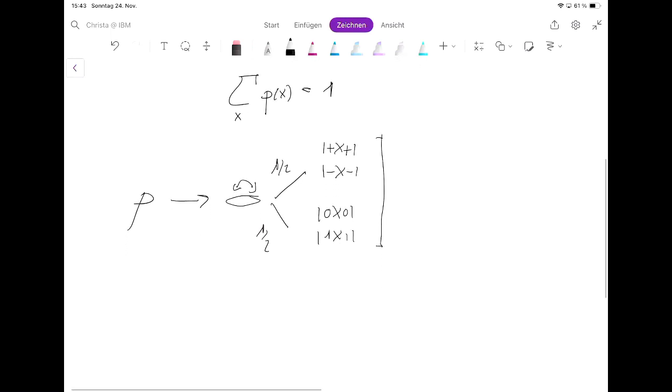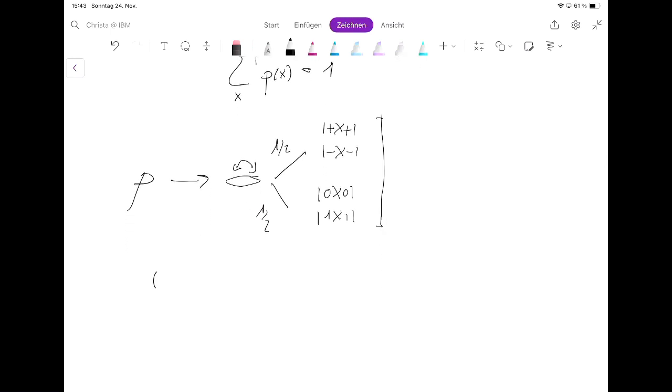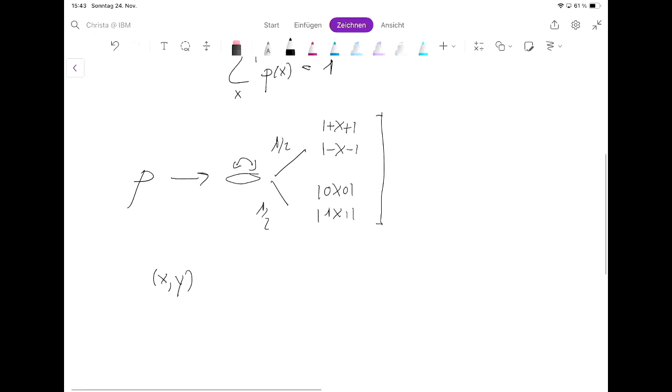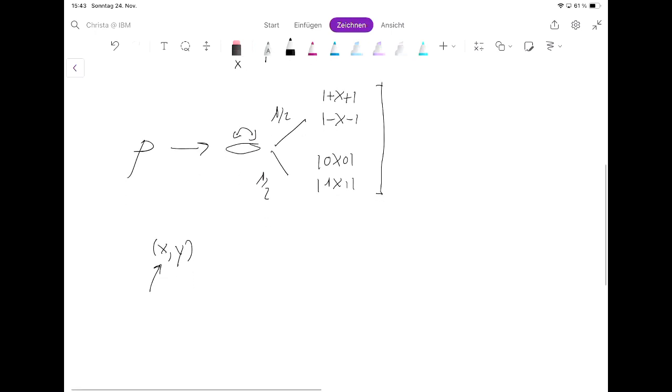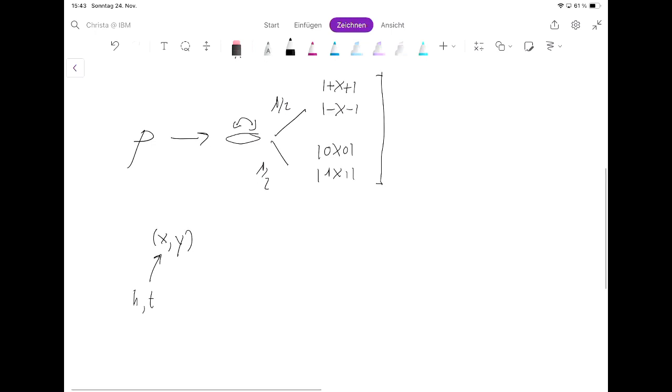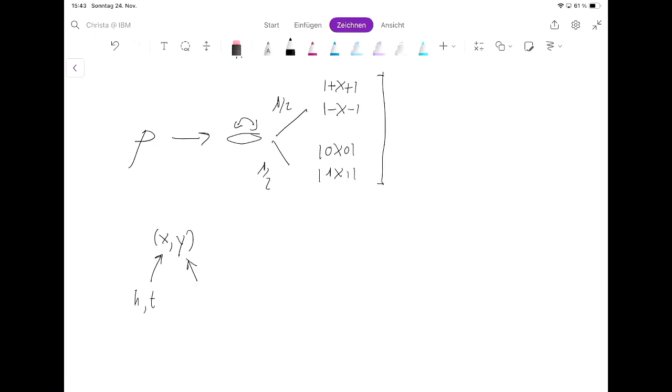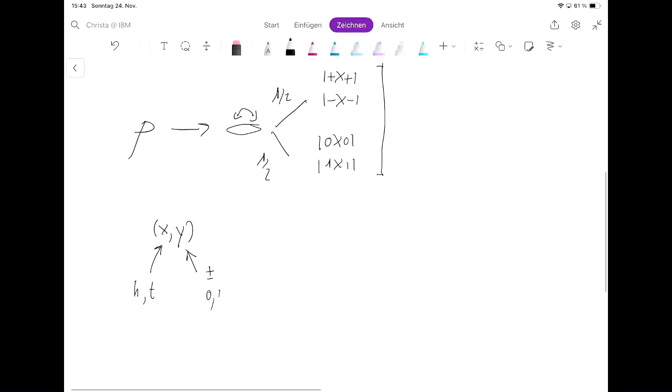So this is a binary random variable x, y, where by x I mean either heads or tails from the coin, and y is if I got, for example, plus or minus in the first case, or 0, 1 in the second case. I can also call this 0 or 1 for simplicity, okay?